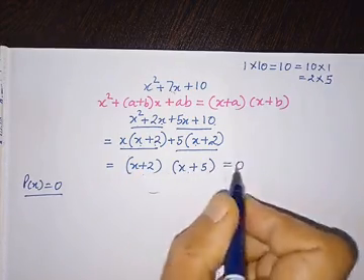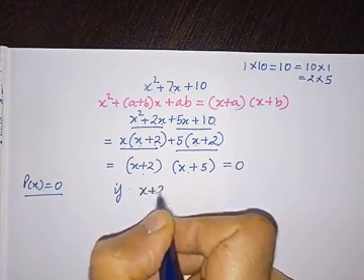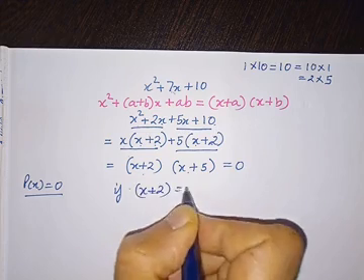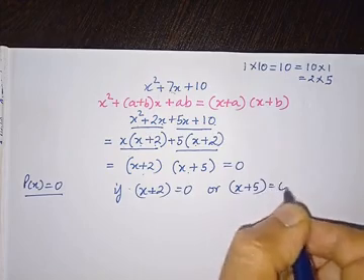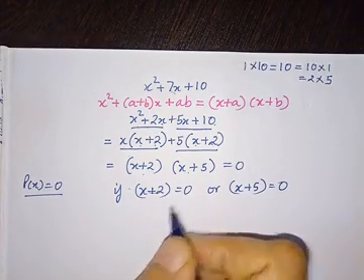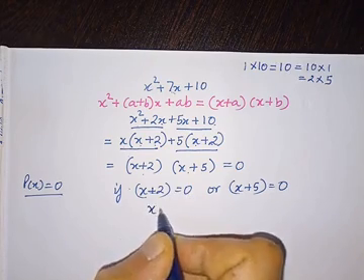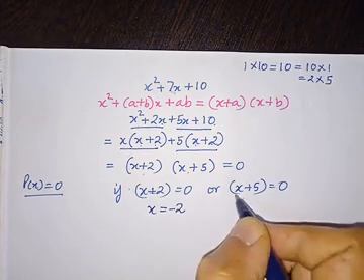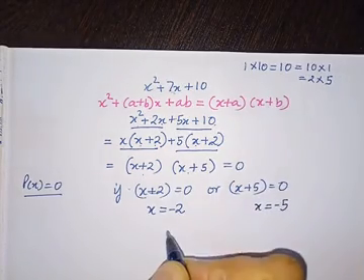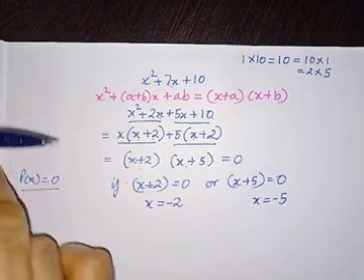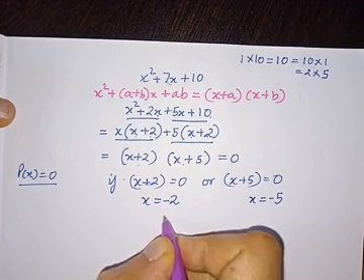The product of these two will be 0 if either x plus 2 is equal to 0, or x plus 5 is equal to 0, or both can be 0. Then only we can get 0. For x plus 2 equal to 0, we get x equals minus 2, and for x plus 5 equal to 0, we get x equals minus 5. Now these two values of x, that is minus 2 and minus 5, are called zeros of the polynomial.